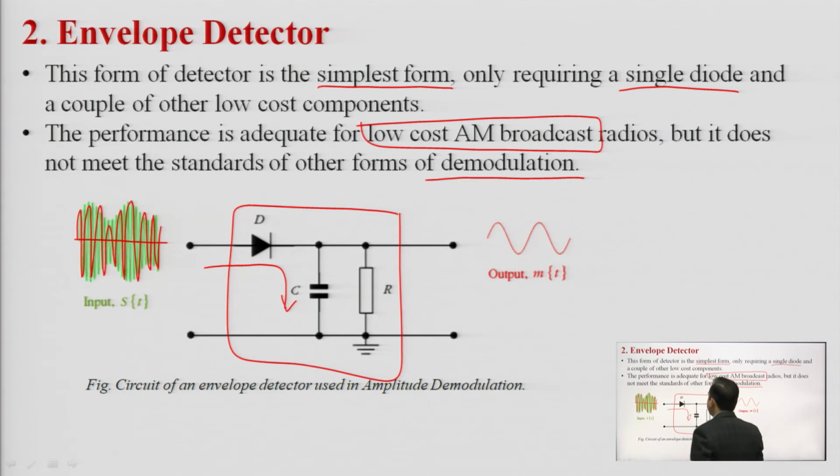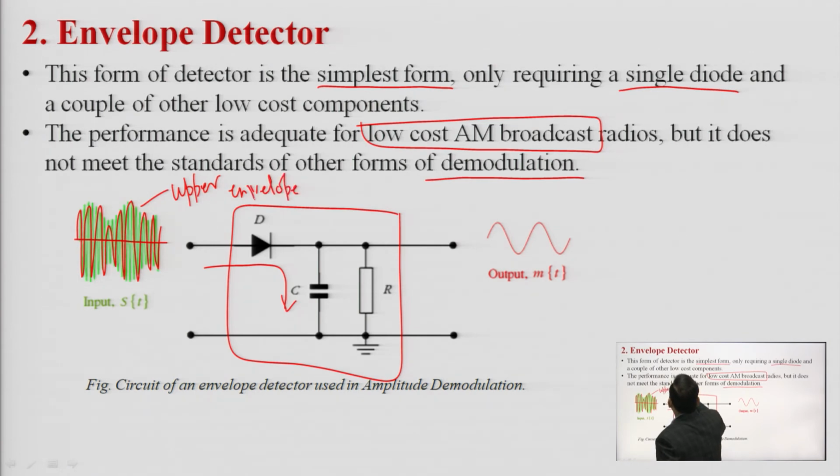Now what happens during the positive half, this upper envelope? For this upper envelope, the diode will act as a short circuit and the capacitor will be charged. After this diode, the upper half is left.